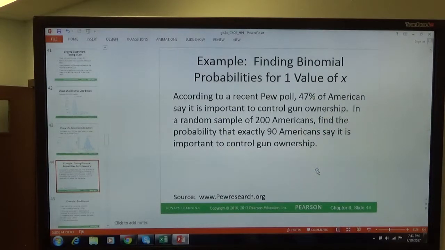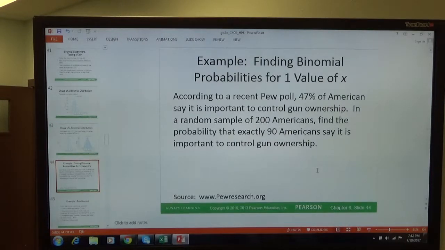So let's take a look at this example. 47% American. So that's the probability of success, the probability of the outcome. A random sample of 200 Americans. Find the probability that exactly 90 Americans say it is important to control. 90 out of 200.